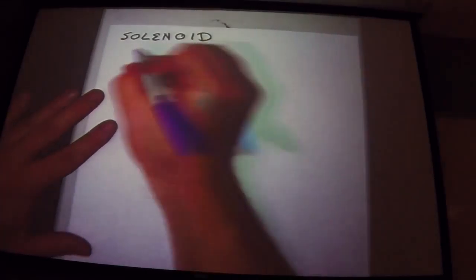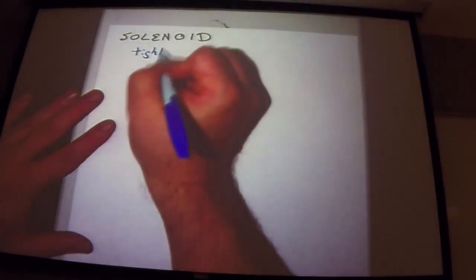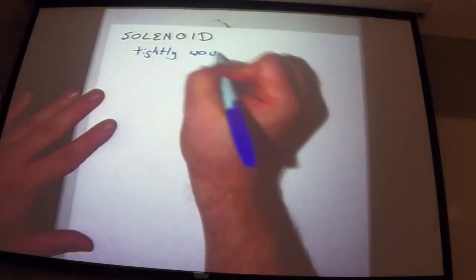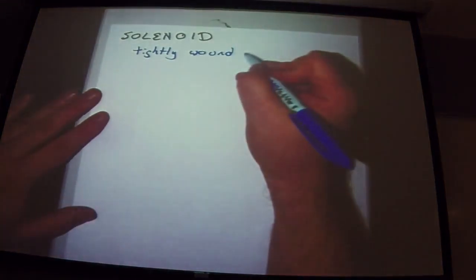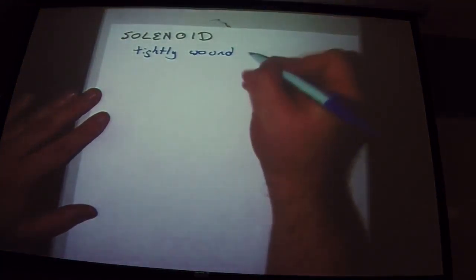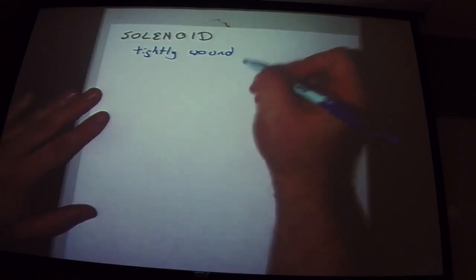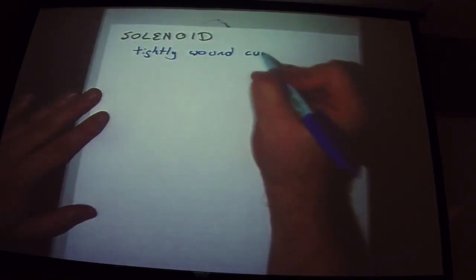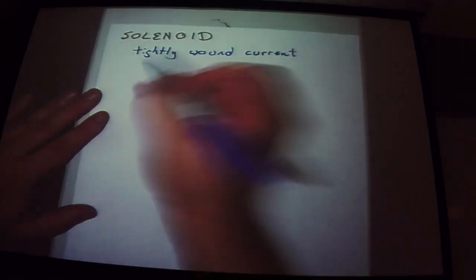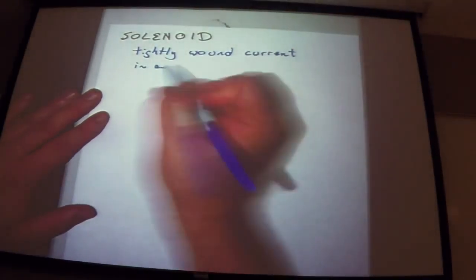A solenoid is a tightly wound, I guess, cylinder of current in a cylinder.